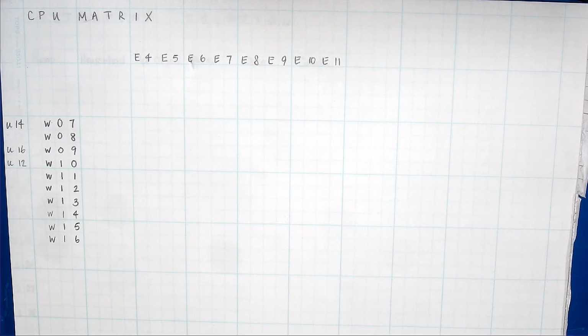Again continuing on reverse engineering and finding all of the hidden functionalities for the Casio PT180. So you've got the CPU matrix sort of mapped out. Those are the east and the west lines that we were probing. Correct.